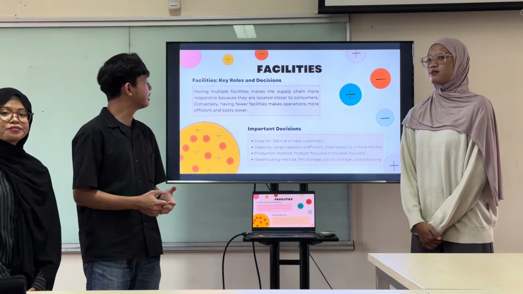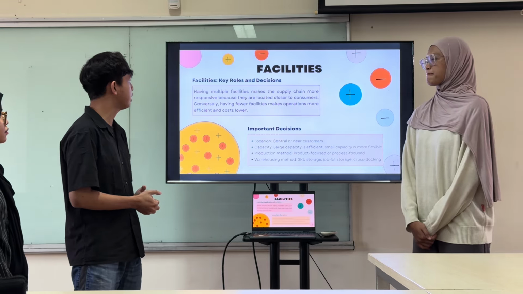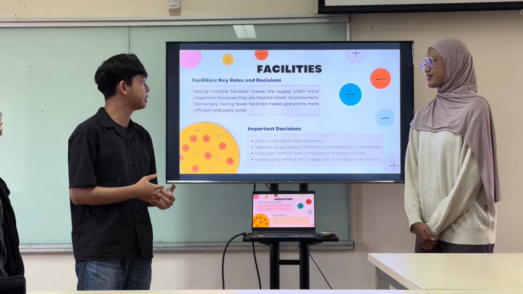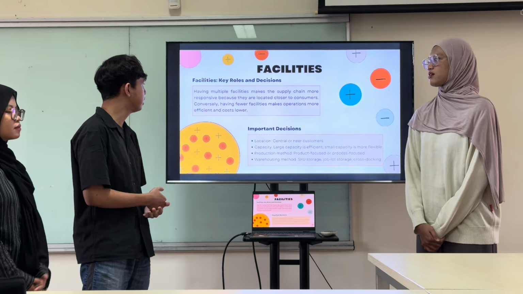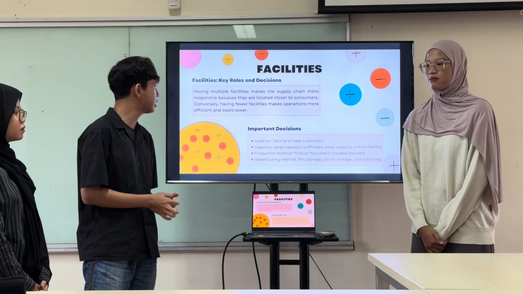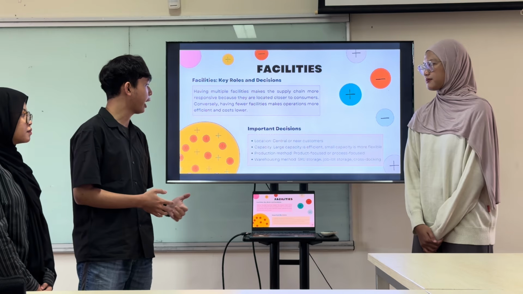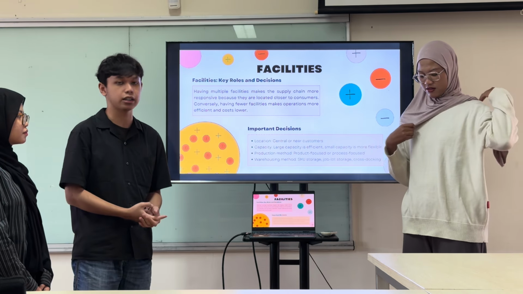And these are the facilities' key roles and decisions. Having multiple facilities makes the supply chain more responsive because they are located closer to customers. Conversely, having fewer facilities makes operations more efficient and cost lower. And the important decisions are: the first, location, of course, central or maybe near customers.